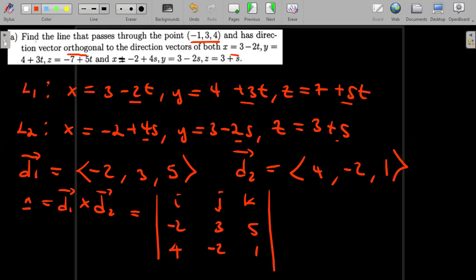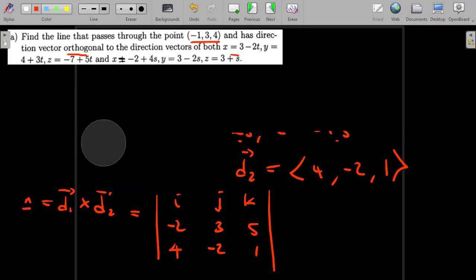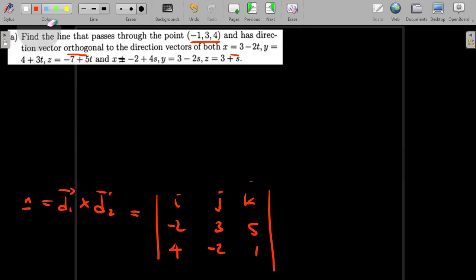To find it, for i, I cancel out its row and column and remain with the matrix 3, -2, 5, 1.